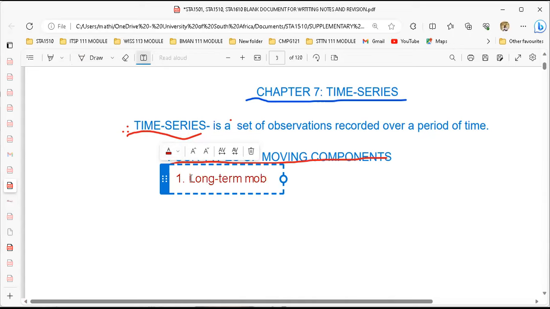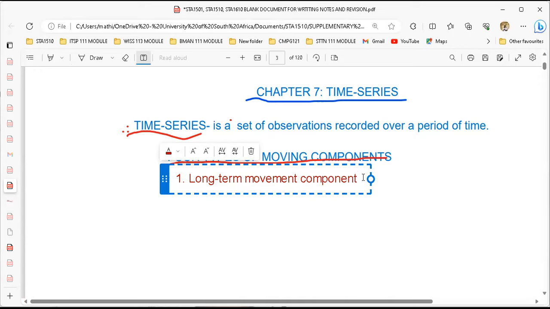That's number one. We have 4 types of movement components. Remember time series: as I read the definition, we're talking about a set of observations recorded over a period of time. All right, now we have 4 types of movement components.